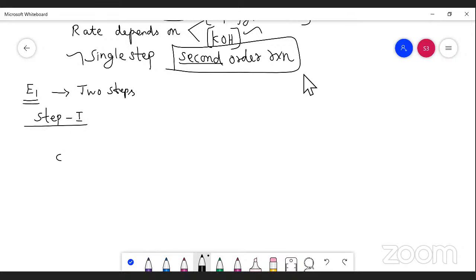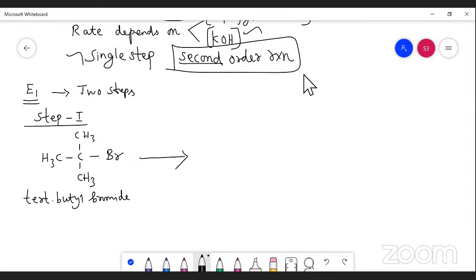We know the tertiary alkyl halide, CH3, CH3. You know already what the tertiary butyl group is? This is your tertiary butyl group. Tertiary butyl bromide. What is step 1? In the first step, the Br is eliminated.